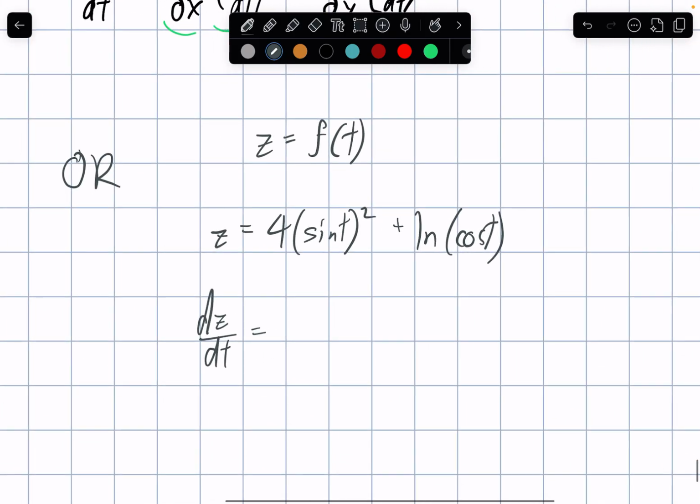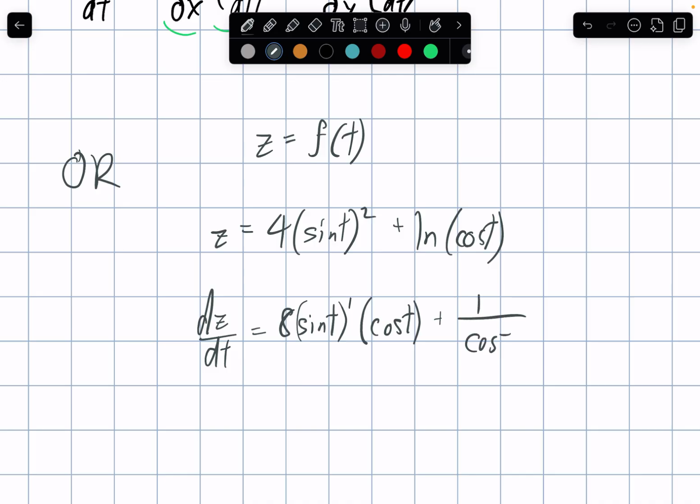How do you do that? Power rule: 8 sine t raised to 1, derivative of sine t is cosine t, plus 1 over cosine t times derivative of cosine t, which is negative sine t.